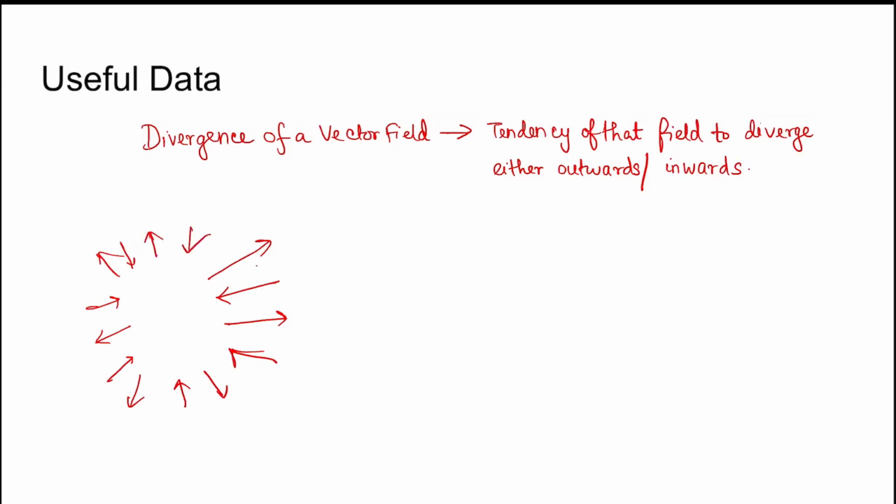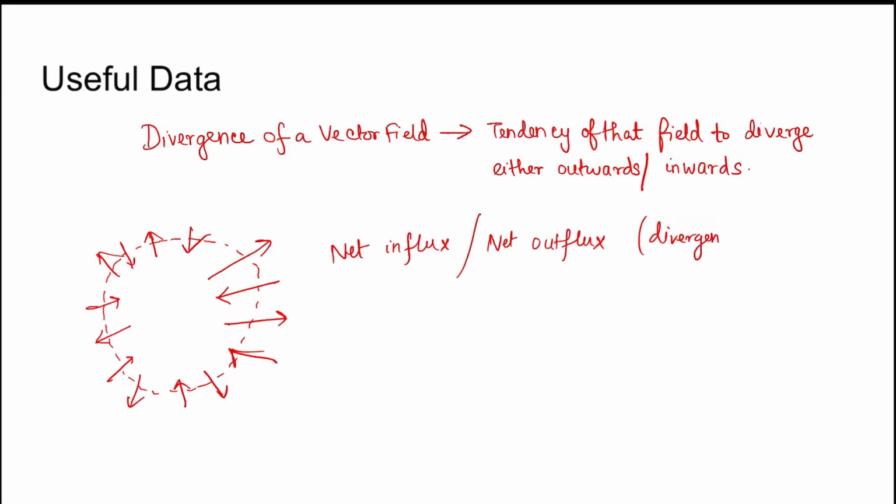So if you take an imaginary surface enclosing this vector field, the net influx or net outflux, that is divergence, can be commented as 0 because nothing is net coming out or going in.